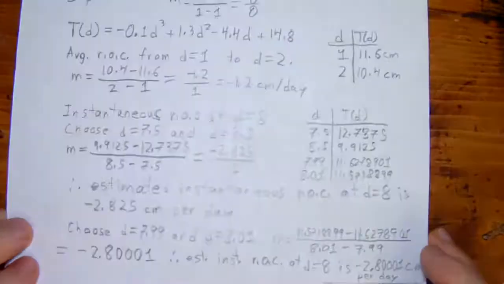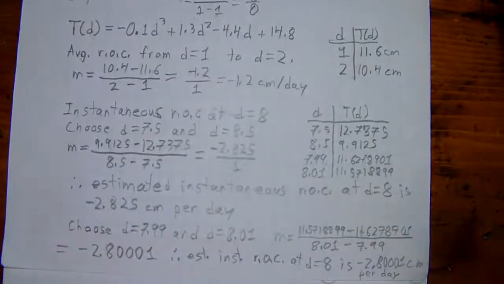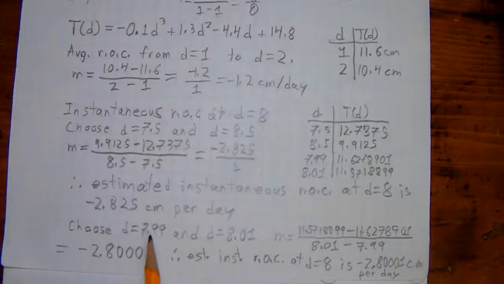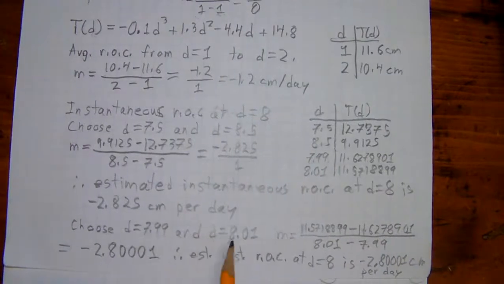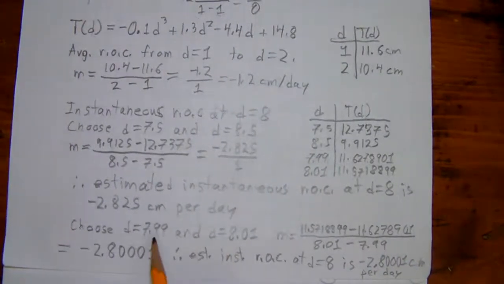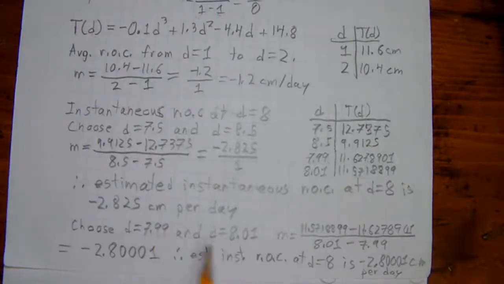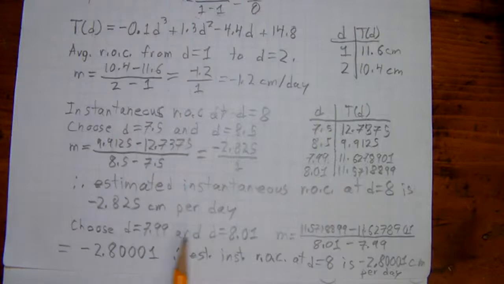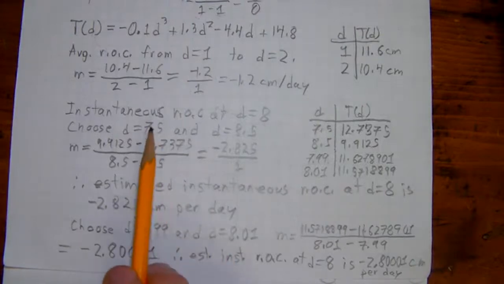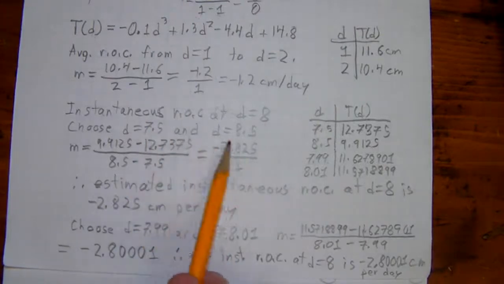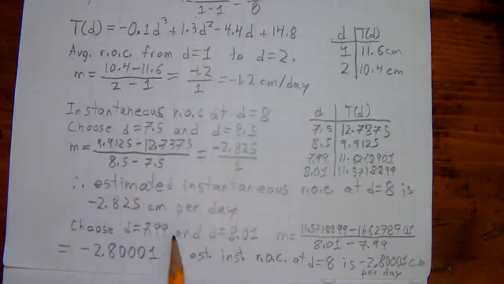Okay. So as you can see, the process of finding an instantaneous rate of change isn't super complicated. We just pick values on either side of the point that we want. Typically, it's best to pick something that's like 1/100th away. So the ones we used here, that's going to give you a better estimate than being like half away, like 7.5 and 8.5.